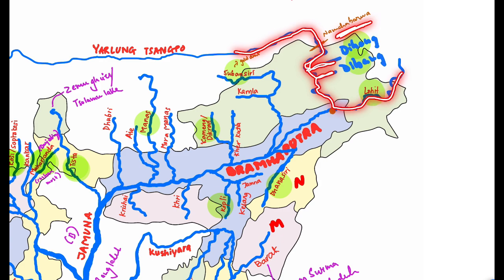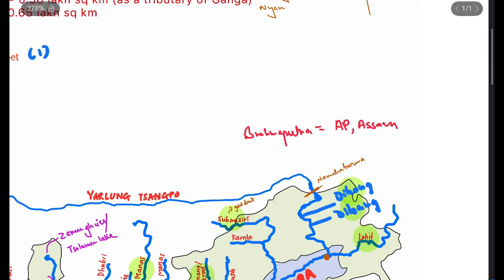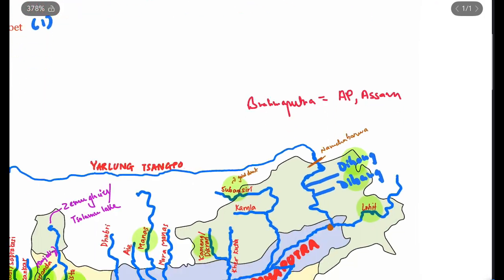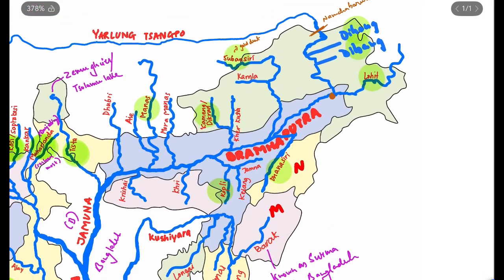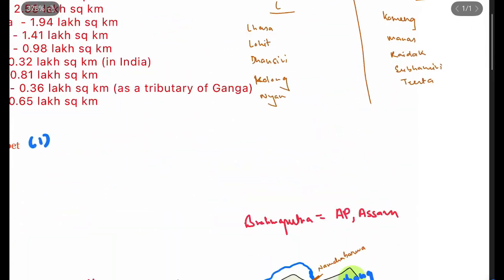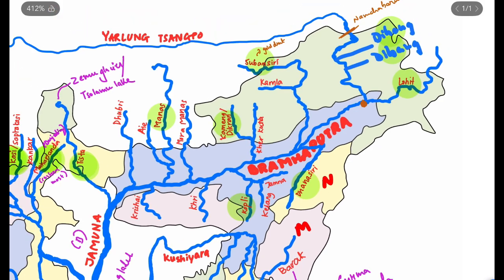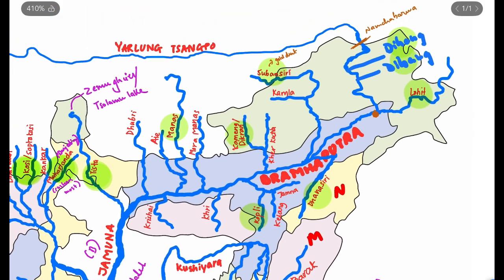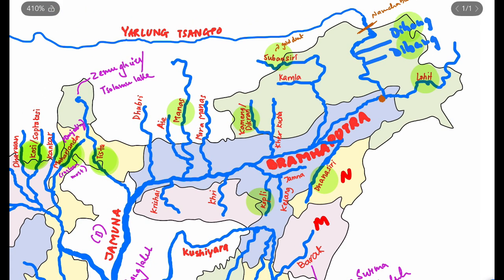Lohit River. So we have now read Lohit, Dibang. Then it flows here. Here it is joined by Kamla and Subansiri. Subansiri is an important river.